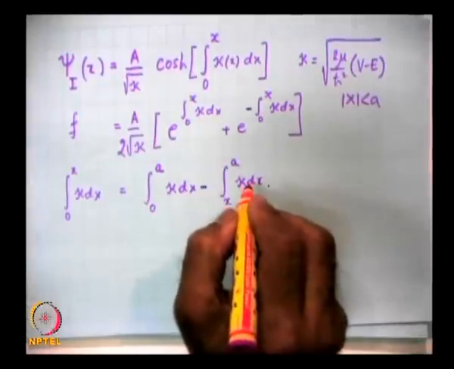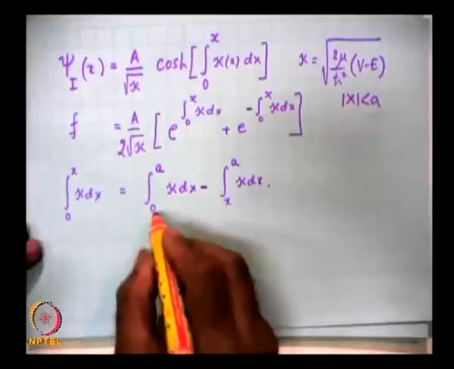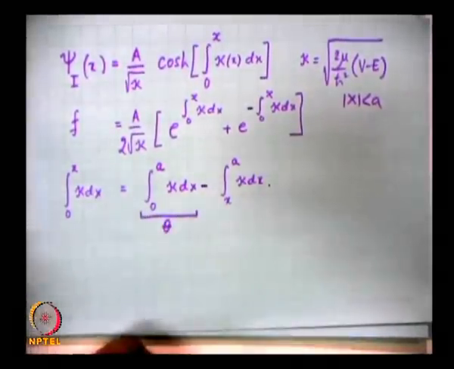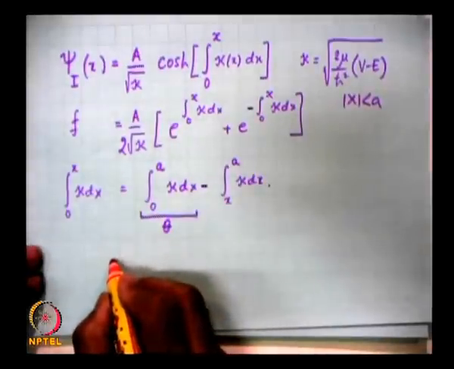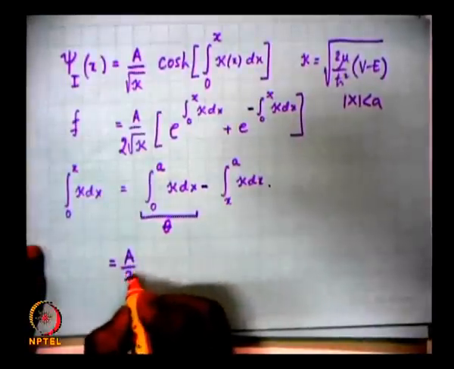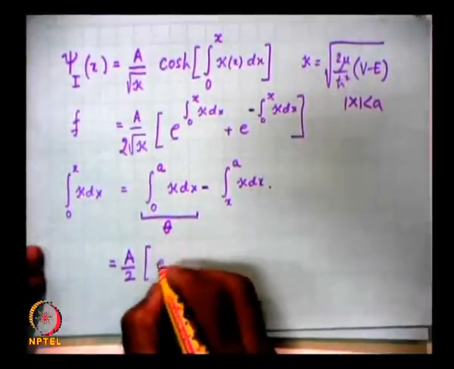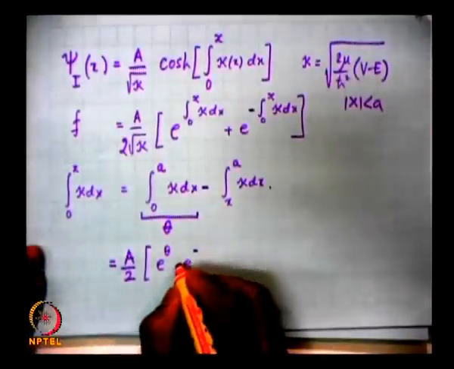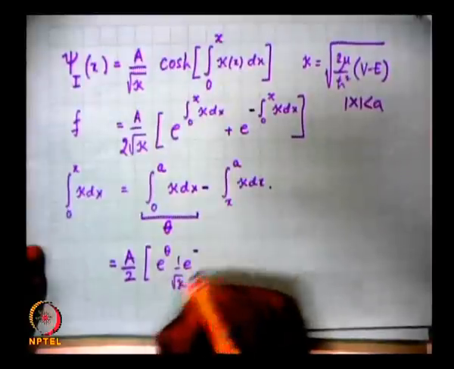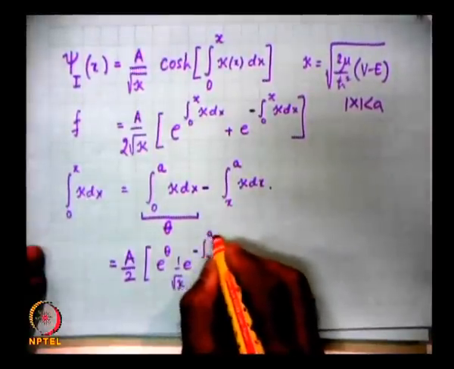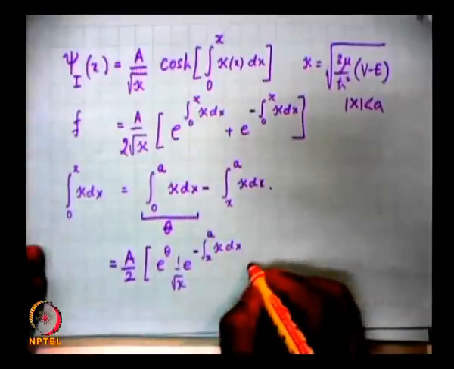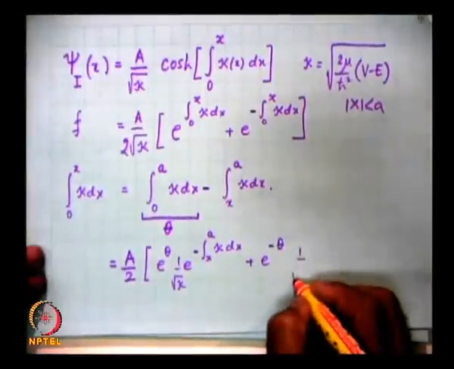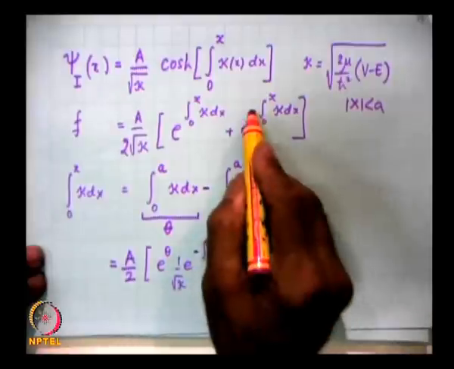So, let me write the integral from 0 to a of kappa dx as theta. So, the first term becomes A by 2, please see, e to the power of theta, e to the power of minus the integral from x to a of kappa dx, with a 1 over root kappa outside, plus e to the power of minus theta, 1 over the square root of kappa, because this is a minus sign here.